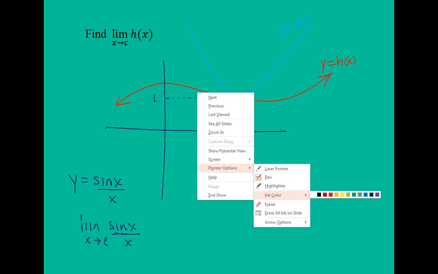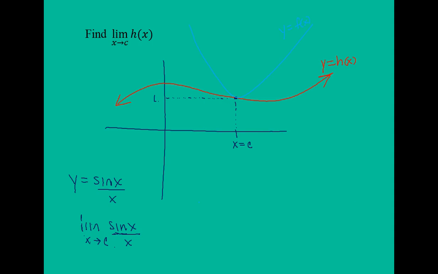And we can find another function. Let's call this one g of x. So we have y equals g of x. And we do know how to find the limit of g of x as x approaches c.